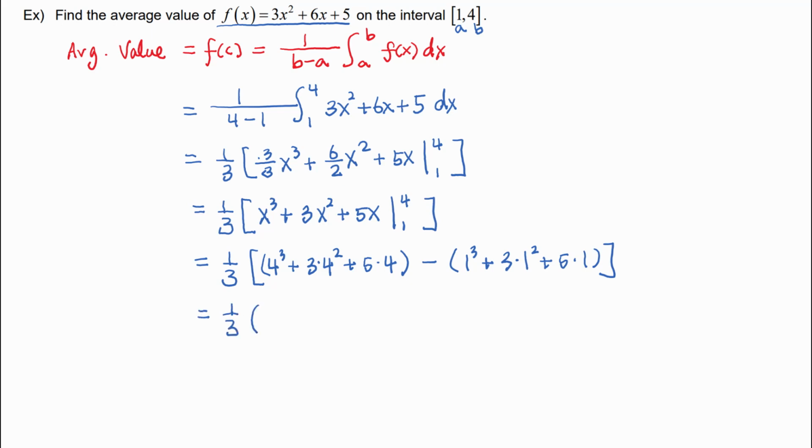And when you calculate 4 cubed plus 3 times 4 squared plus 5 times 4, you get 132. Subtract 1 plus 3 plus 5, which is 9. So then that is 1/3 times 123, and it is equal to 41. So we found the average value.